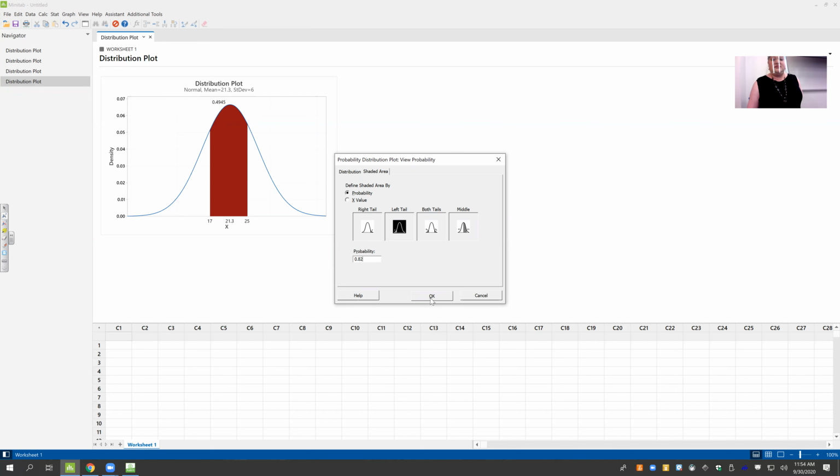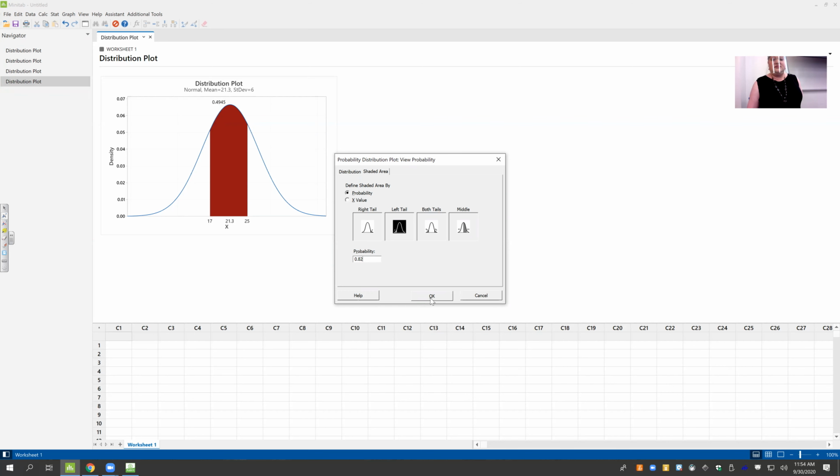So when you look at this distribution plot, it shows you that this red shaded region is 0.82. So that's my 82%. I come down here to my number line and I see the X value. My X value is 26.79.